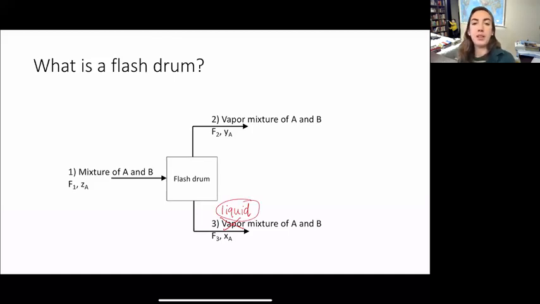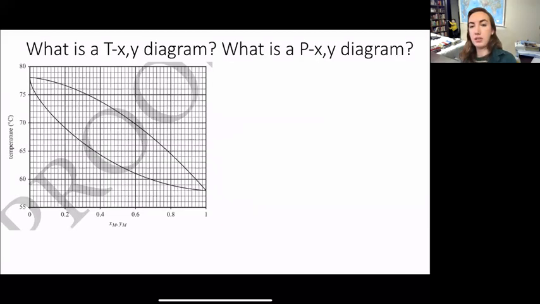Okay. So the diagrams that we use to analyze these systems are called TXY and PXY diagrams. Okay, so we're trying to figure out what is a TXY diagram, what is a PXY diagram. So I'm showing here an example of a TXY diagram.